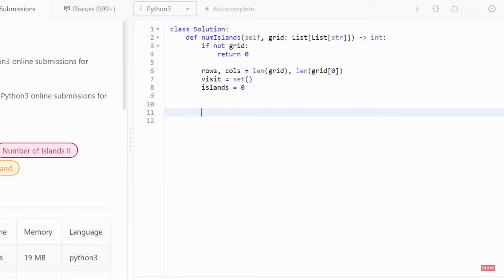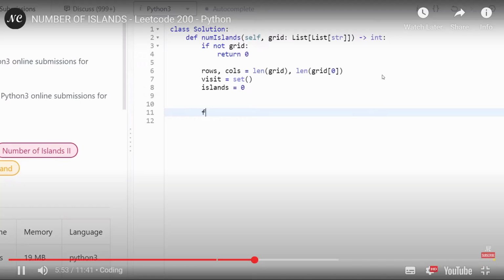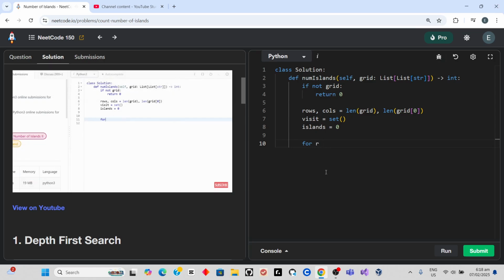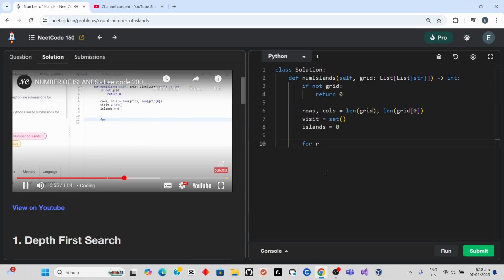So we want to visit every single position in the grid. So let's iterate through each row and column.